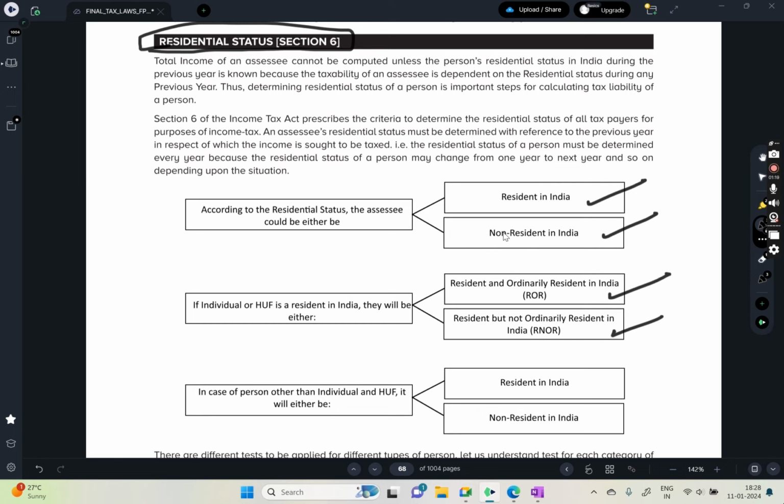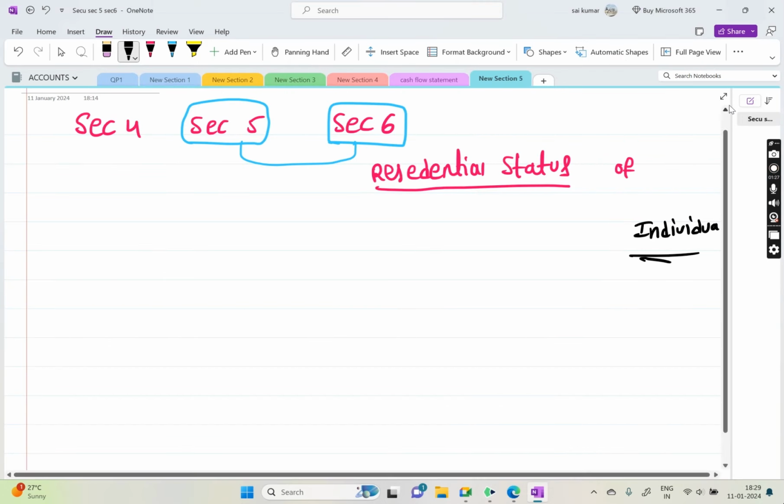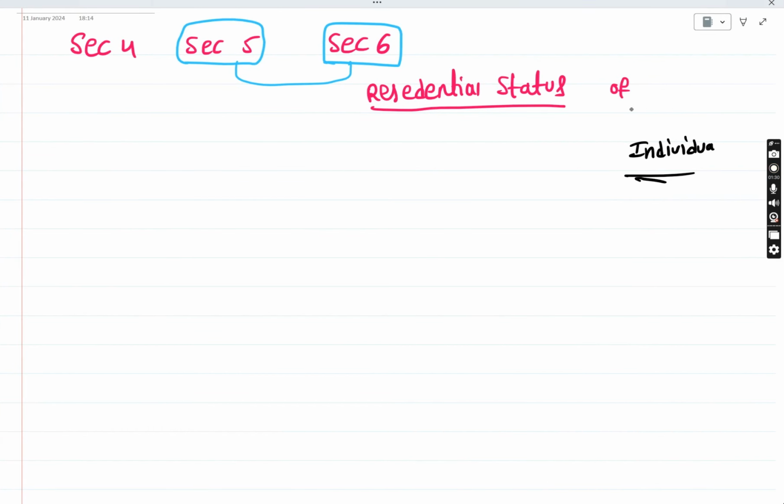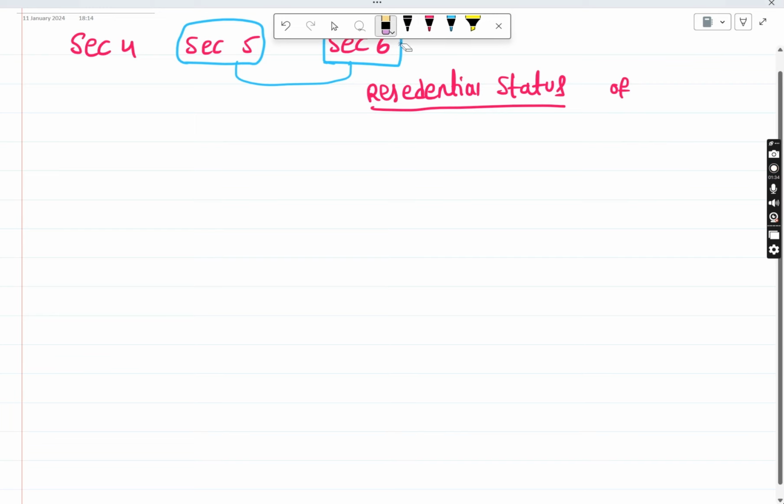What are these ordinary resident and not ordinary resident, we will discuss right now. Whatever we are discussing is applicable for individuals.